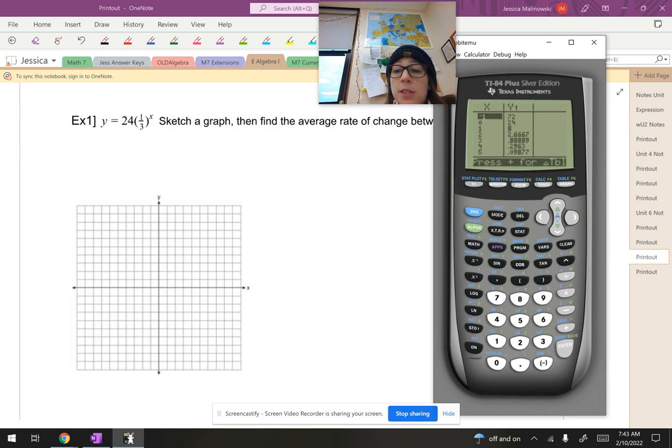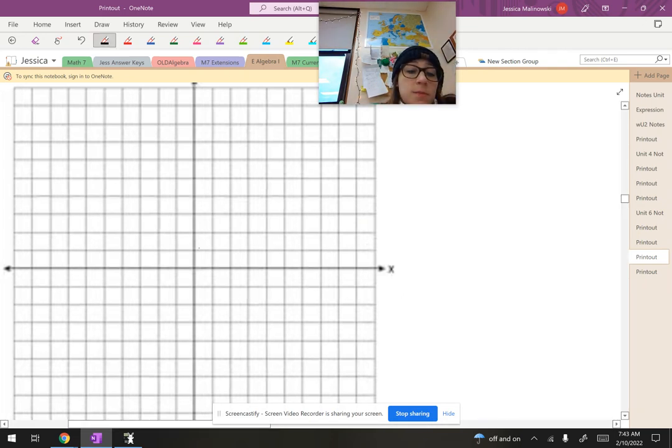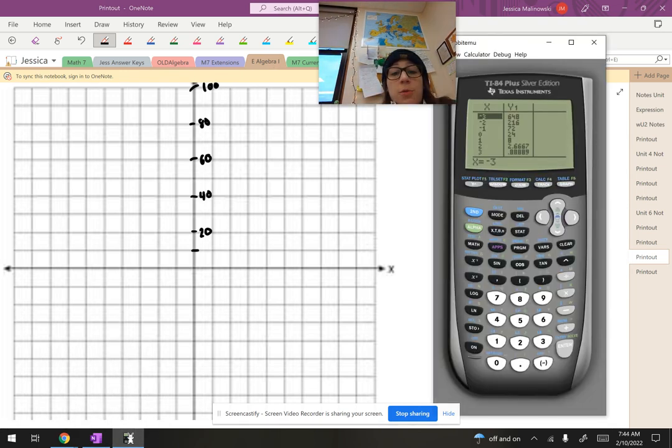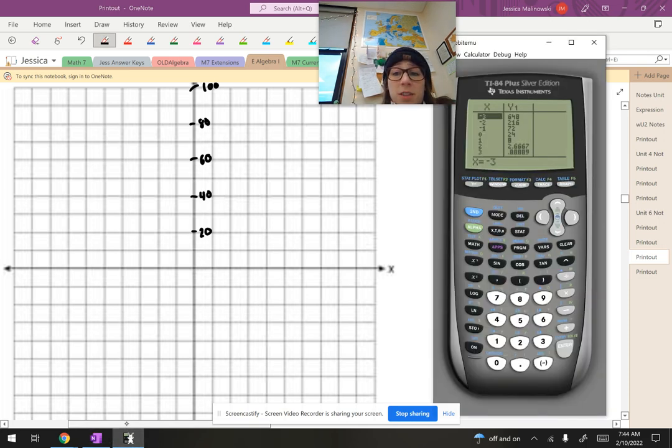Looking at some points here. I'm gonna go up by 10s just like I did last time. And again, when you're going up by 10s, you can always label every other one. That would be 30, so that's 40, 50, 60, 70, 80. We can still understand that you're going up by 10s, even if you are only labeling every other one. Just be careful not to mess up.